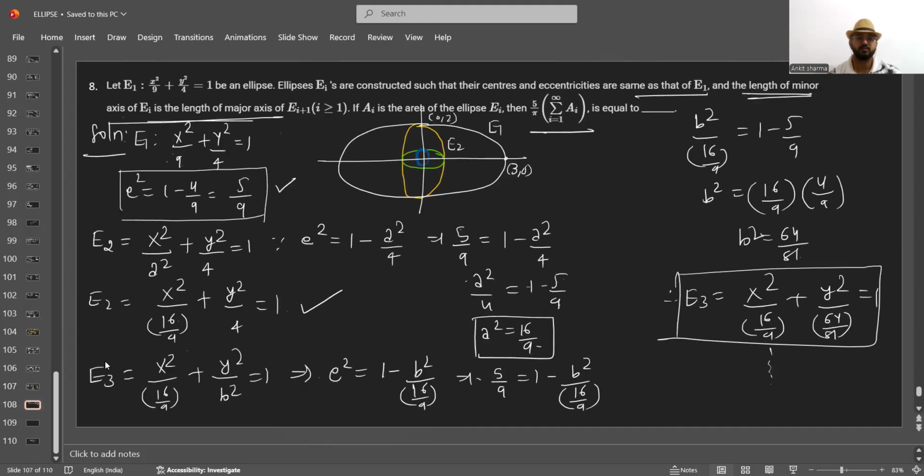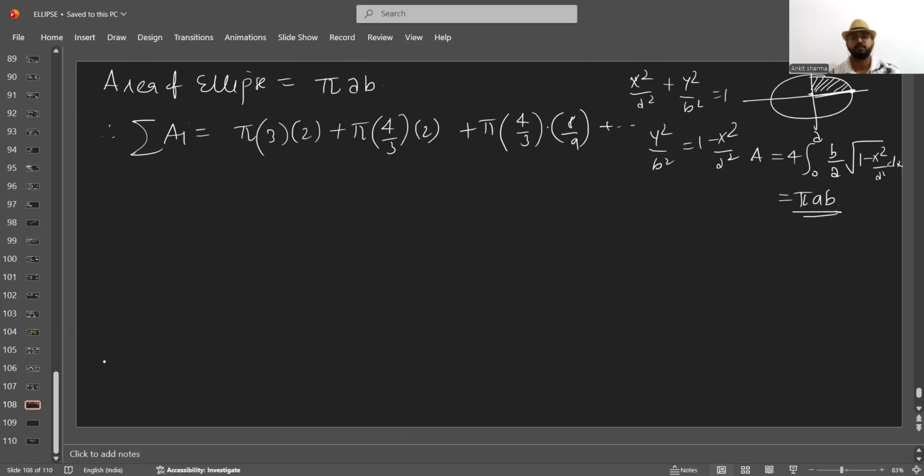Now let's go ahead and see if this forms something. So this will give me 6 pi, and this would give me 8 by 3 pi, plus this would give me 32 by 27 pi, and then so on. If I take pi common, then this forms 6 plus 8 over 3 plus 32 over 27, and so on.